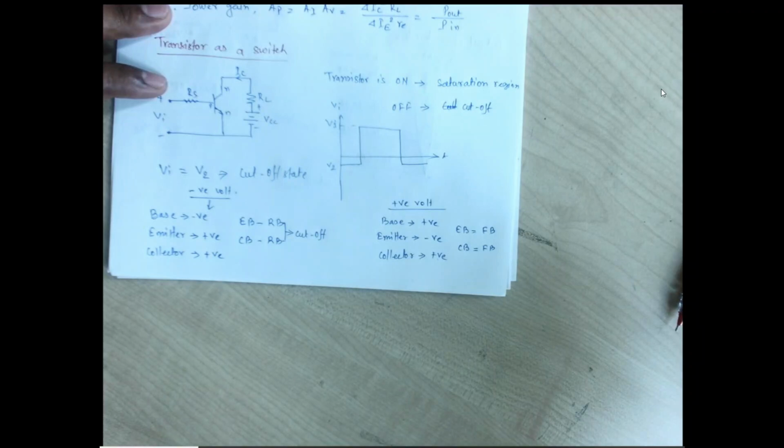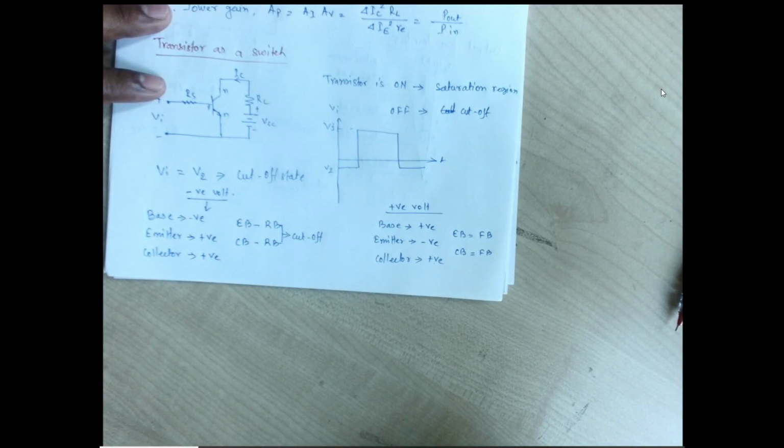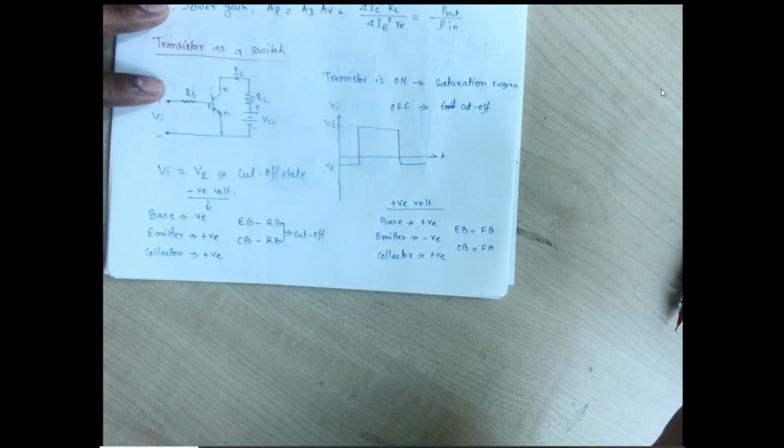So what does it mean? We have been working in the saturation region. So for the on state, when this IC will flow, in that case we have been driving our transistor into the saturation region, which means a constant IC will now flow.